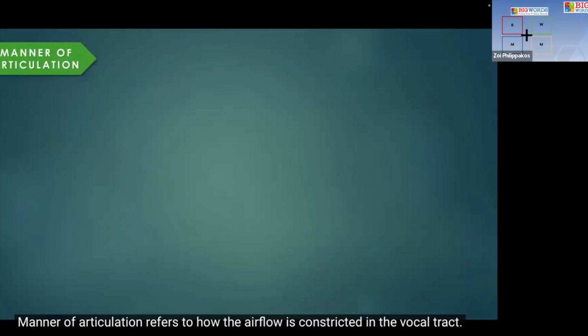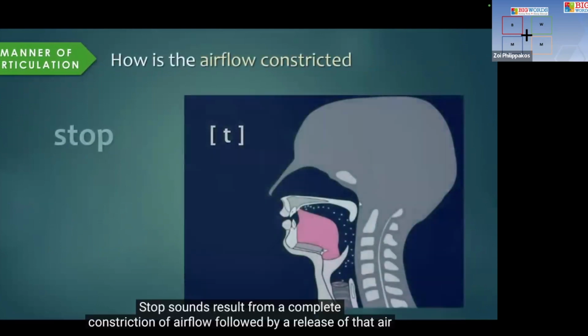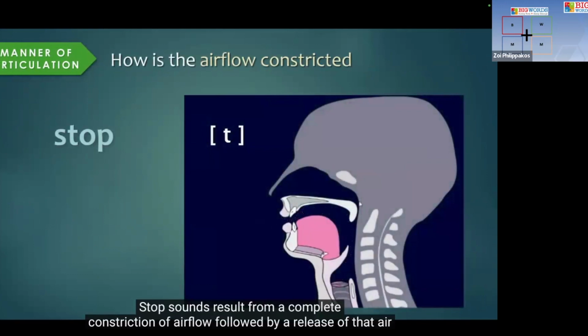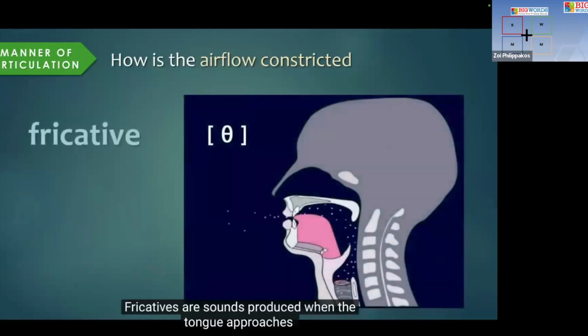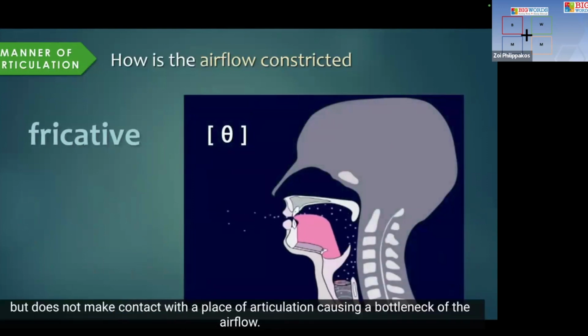Manner of articulation refers to how the airflow is constricted in the vocal tract. Stop sounds result from a complete constriction of airflow, followed by a release of that air, such as p, t, k, b, d, g. Fricatives are sounds produced when the tongue approaches but does not make contact with a place of articulation, causing a bottleneck of the airflow.